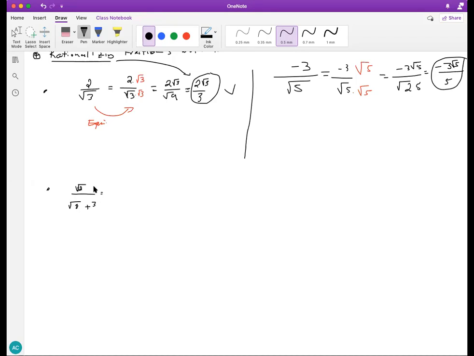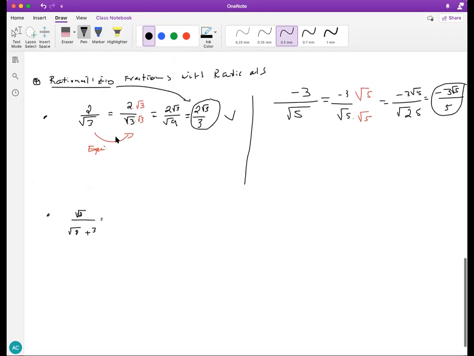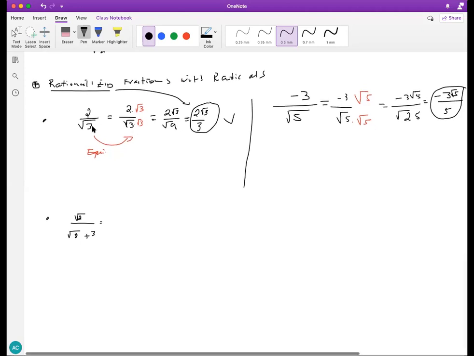So now, again, the keyword is rationalize. Rationalize means we don't want any radicals in the denominator. If you have one radical, you just times it by itself. Now, if you have a radical and a number, it's a bit different from what we saw previously. So you write your fraction again. Here's what you do.